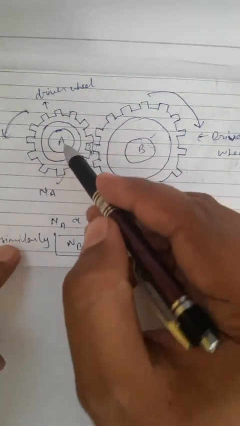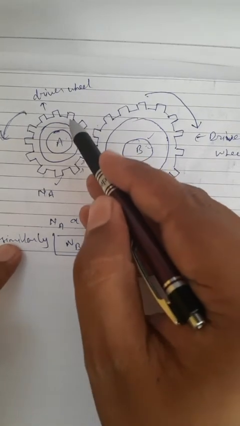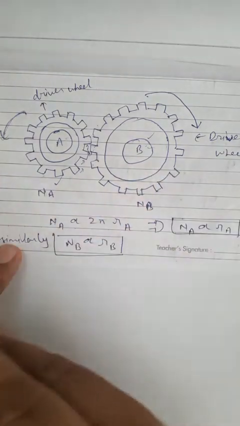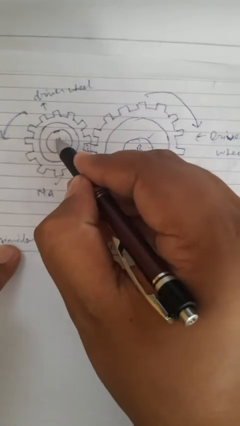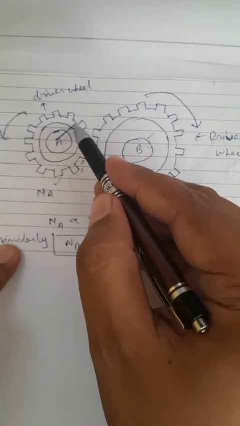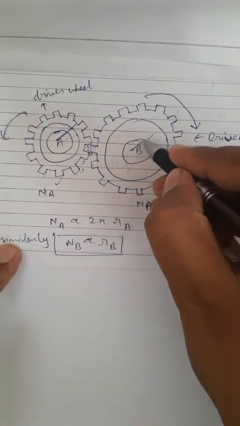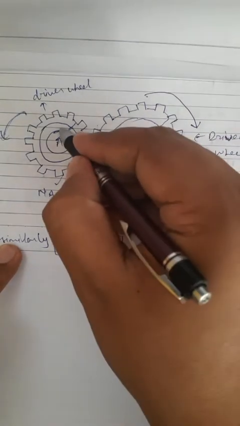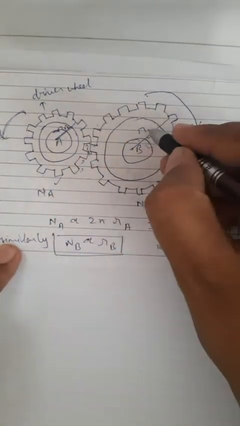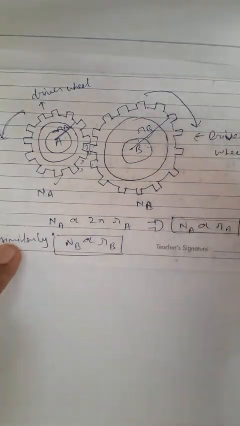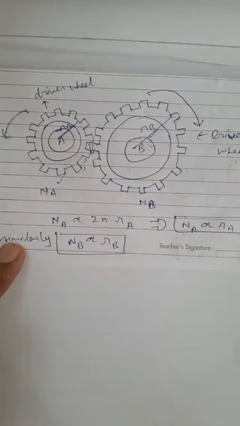Now you can see from the figure that gear A is smaller in size as compared to gear B. It is just because the radius of gear A, that is RA, is less, whereas the radius of gear B, that is RB, is greater as compared to gear A.